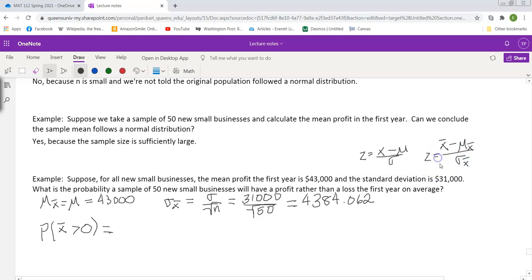So this is almost exactly the same process we went through in the last section when we were doing the normal distribution. It's just that here we now have sigma sub x bar and mu sub x bar instead of sigma and mu. Okay?